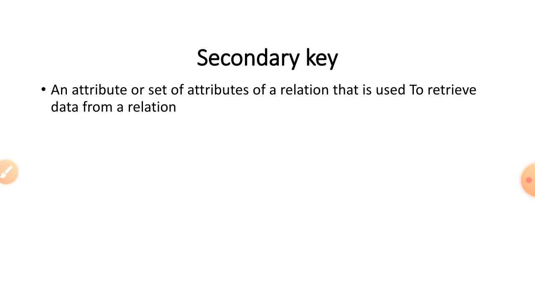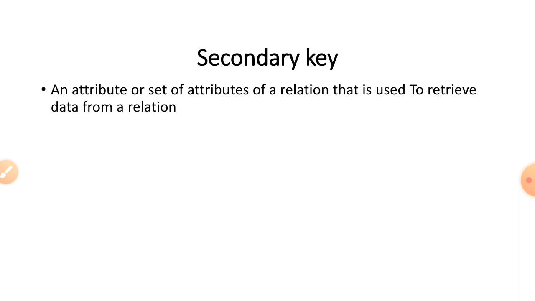So we can say that a non-unique field is basically known as a secondary key, means such a field or column in which we cannot say that the data is unique, okay, so the data could be non-unique. So let's take an example.